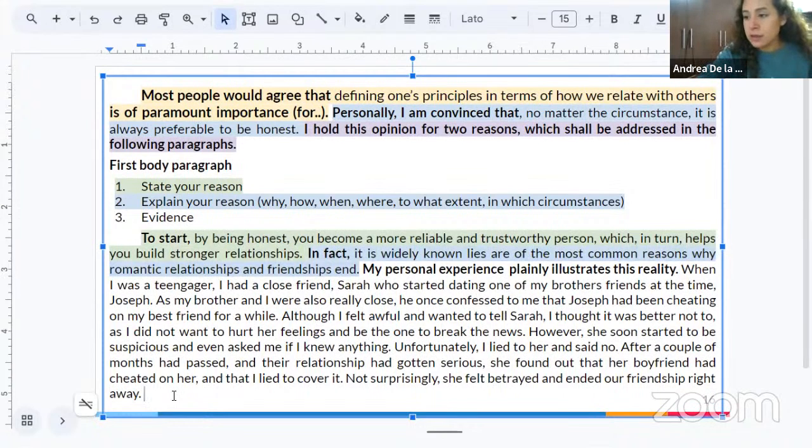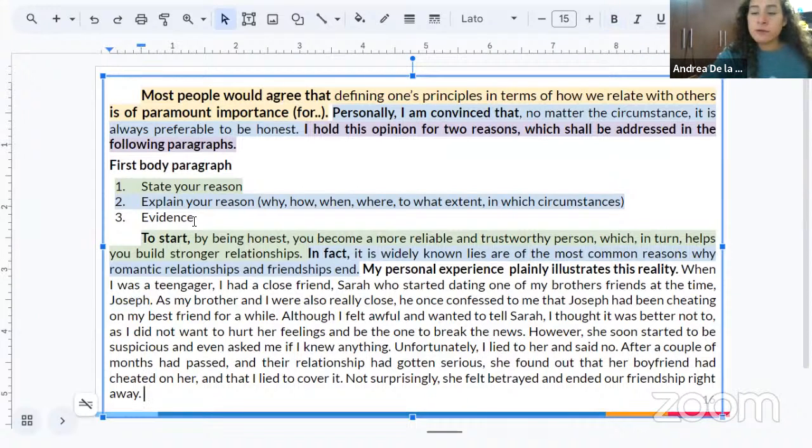As you guys can see, what you have to be doing in the example is making sure that it's connected to your reason, including a lot of details. So I'm including details about who I lied to, what I lied to her about, what I said exactly, how she found out, what happened after that. So I'm being very specific. I'm telling a story, right?